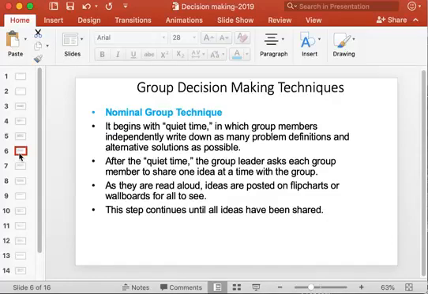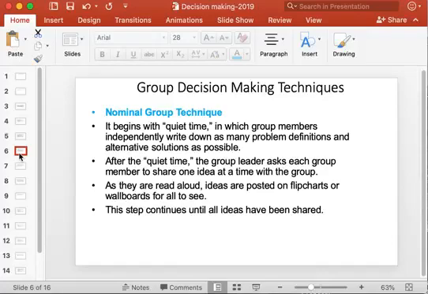Then, moving on to the group decision making techniques, you have seen in the earlier slides three different techniques: nominal group technique, Delphi technique, and brainstorming. So, we will go a little bit into detail of each of them.